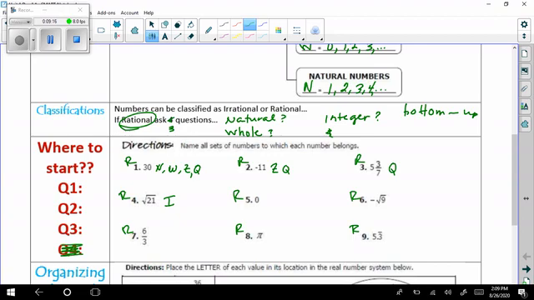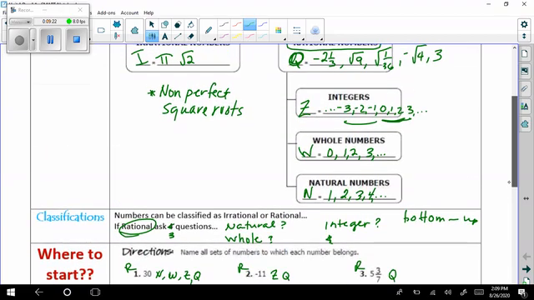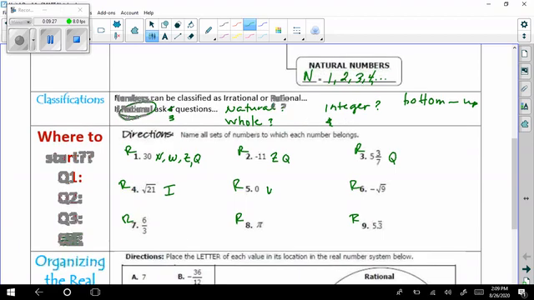0. 0 cannot be with our natural numbers, but it can be in our whole numbers, and then all the rest. So W, Z, Q, R. Negative radical 9.